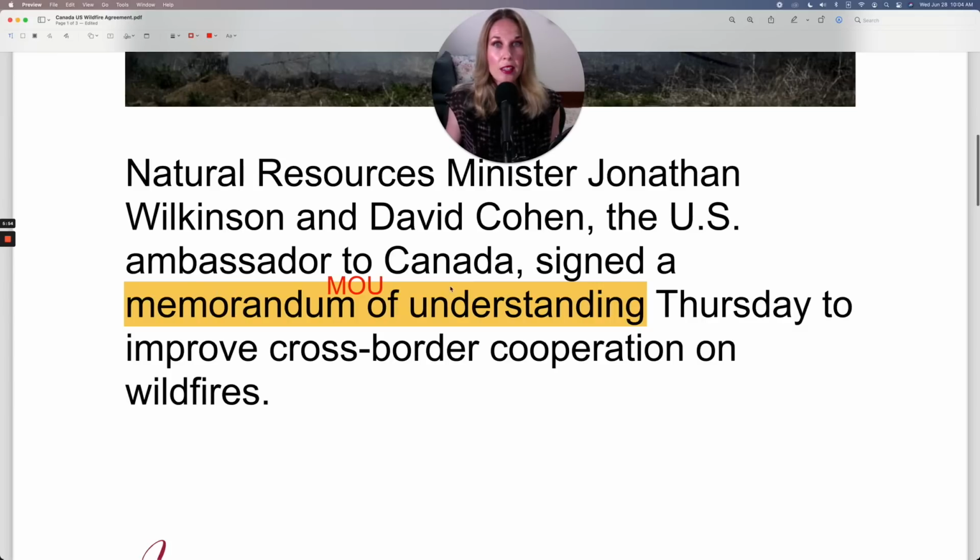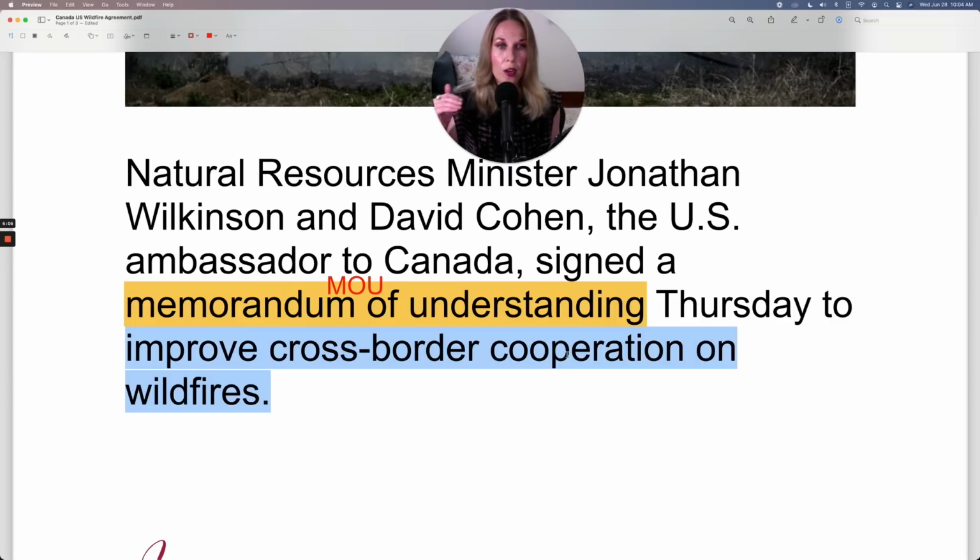Signed a memorandum of understanding, so they agreed to the terms of this arrangement Thursday, and these are the terms of the arrangement: to improve cross-border cooperation on wildfires. The cross-border represents that Canada and the US are divided by a border.